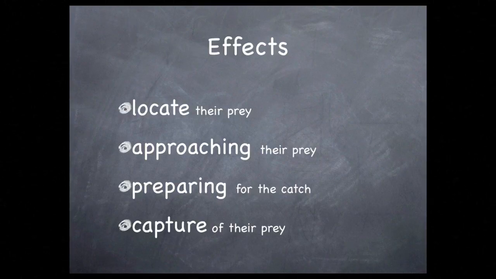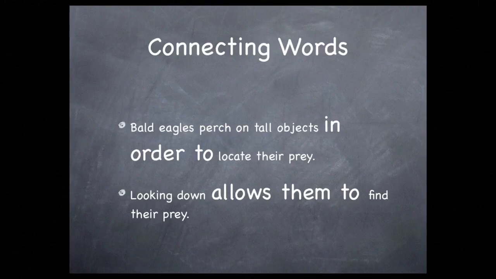Now let's look at the connecting words and phrases we put these facts together with to show you a cause-effect relationship between the behaviors and the results of those behaviors. Bald eagles perch on tall objects in order to locate their prey. Looking down allows them to find their prey.